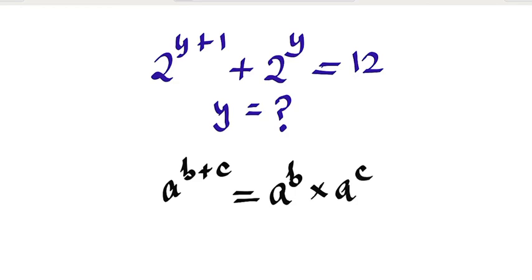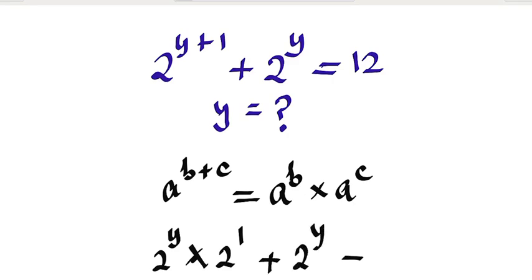So that's what we are going to do. For the first one, we have 2 to the power of y plus 1, and I'm going to write it like 2 to the power of y multiplied by 2 to the power of 1, then plus 2 to the power of y, then equals 12.